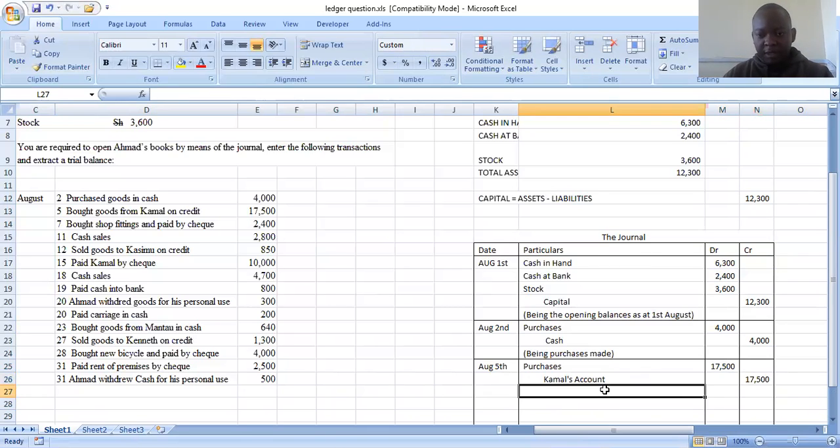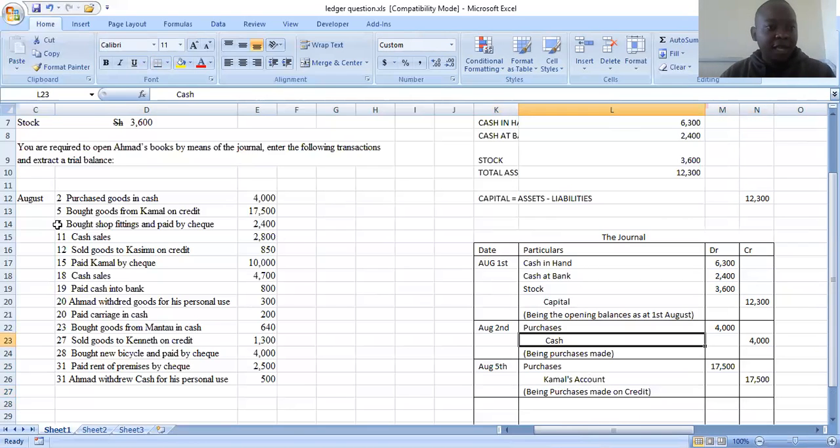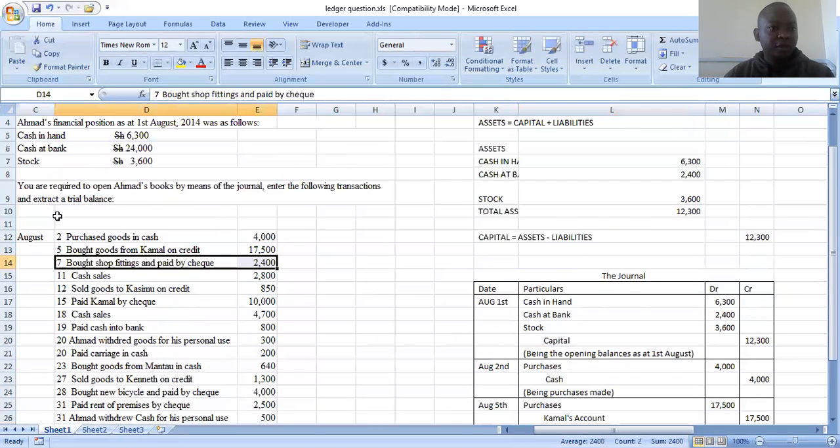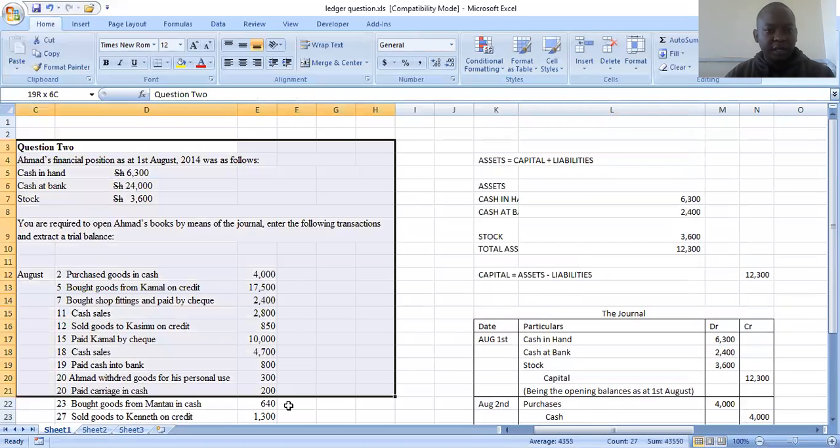And then we insert a narration, say being purchases made on credit. Then you close that. Then you move on to the third transaction, let me drag this down a bit.